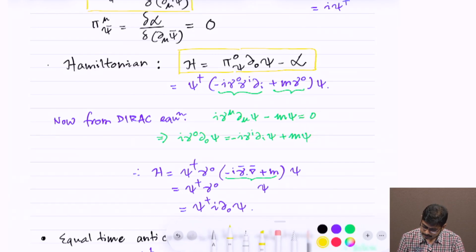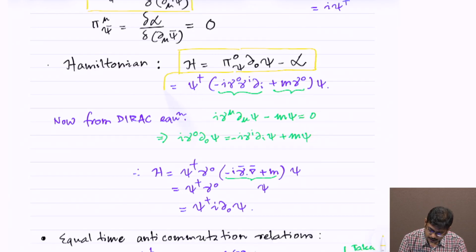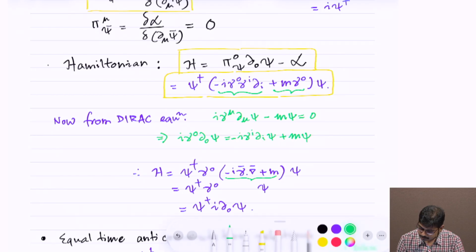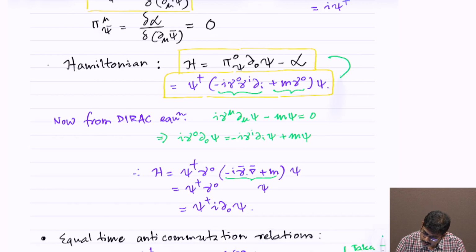So, this is exactly what the Hamiltonian turns out to be. This is something that you can do in a couple of steps if you write it explicitly, so please do check this step.